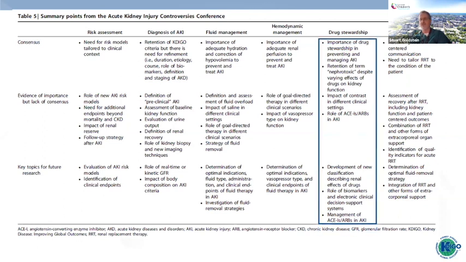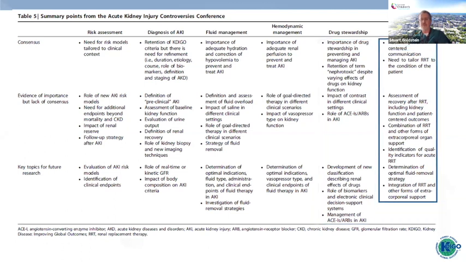We only scratch the surface of drug stewardship, and I think this is going to be a major focus because this is within our power to affect outcomes in patients and prevent acute kidney injury and prevent chronic kidney disease by being really meticulous with the drugs that we use, looking for alternatives and decreasing the burden.